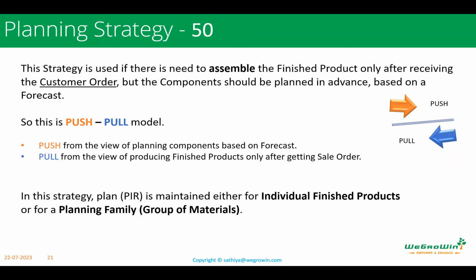So here we maintain the demand for the individual finished products or the planning family also. Planning family is another concept which we may not discuss here, but I put what is planning family on YouTube also, you can refer to it. And maybe I am also planning to put some live transactions like this, one or two specific things later. When I publish it, you can see them.